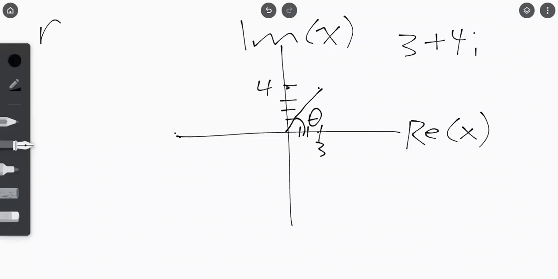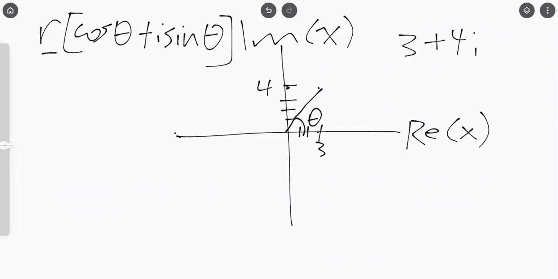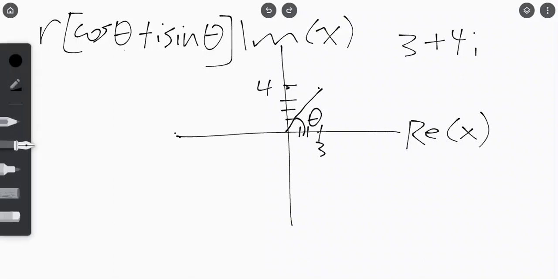Let me write the polar form here. r represents the modulus, or the distance away from 0, and this line right here is r.